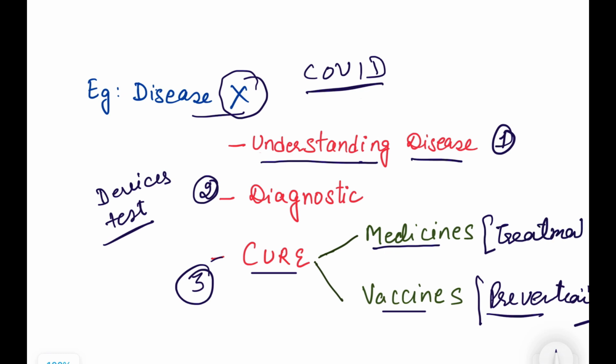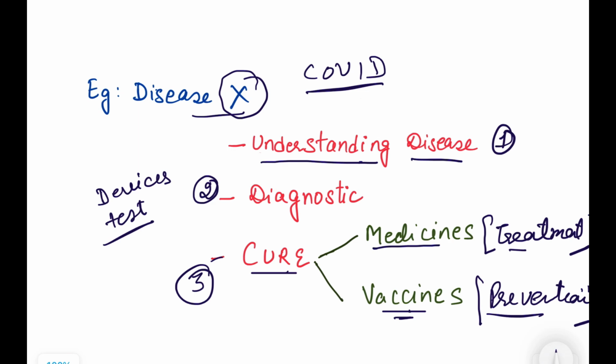These are the two at a high level. Either you give a medicine or drug to treat that person, or you give something like childhood vaccinations. We get vaccinated for polio so that we don't get the disease at all, right? So I think this is very clear. This is at a high level how it is done.